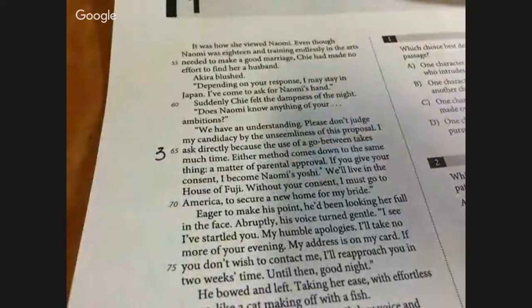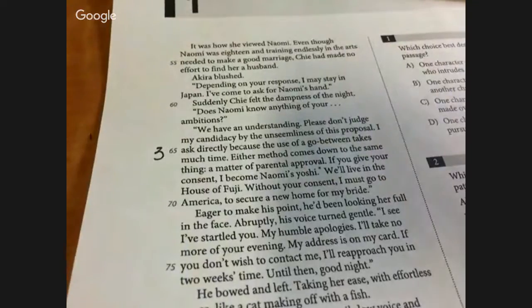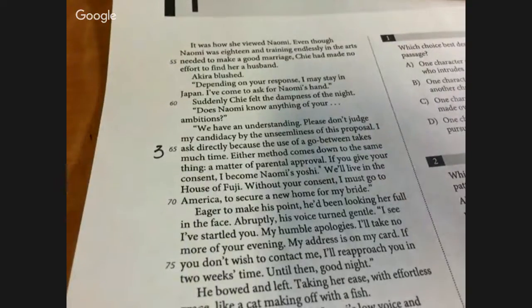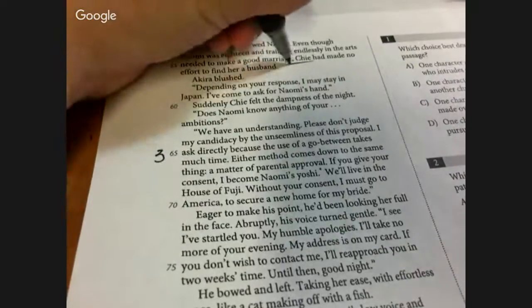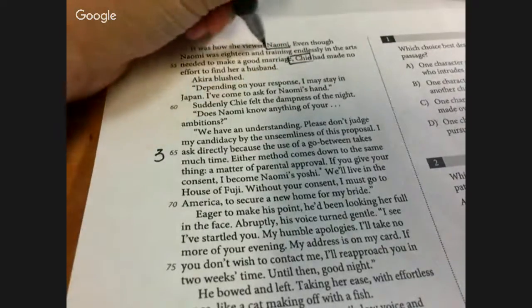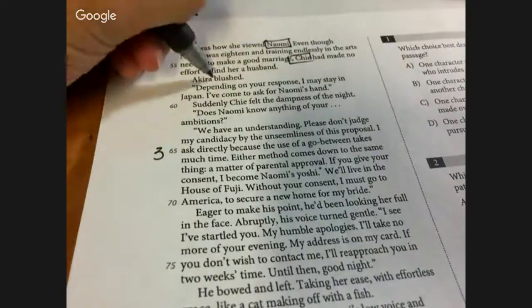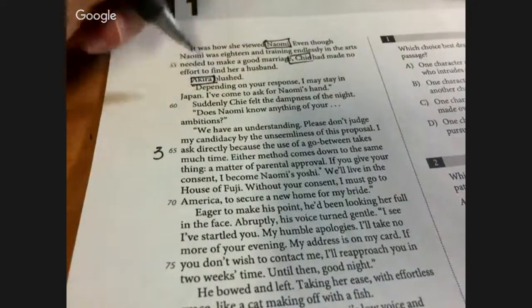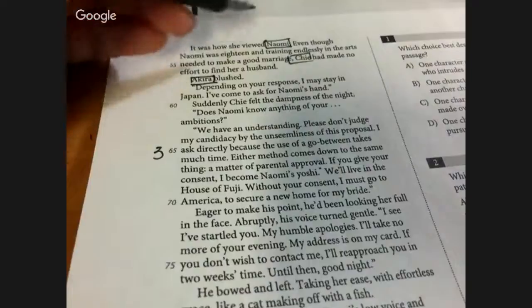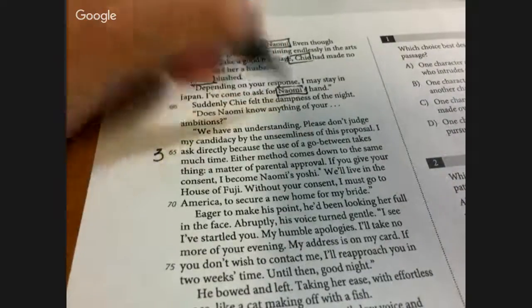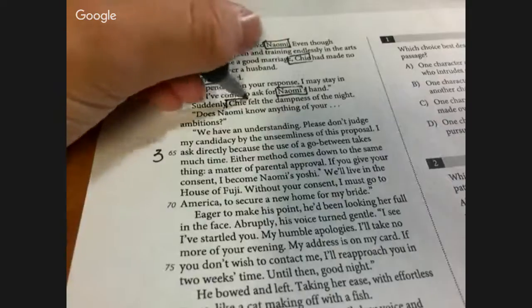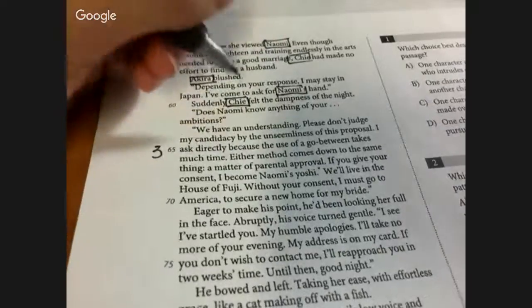It was how she viewed Naomi. Even though Naomi was 18 and training endlessly in the arts needed to make a good marriage, Chie had made no effort to find her a husband. Akira blushed. Depending on your response, I may stay in Japan. I've come to ask for Naomi's hand. Suddenly, Chie felt the dampness of the night.